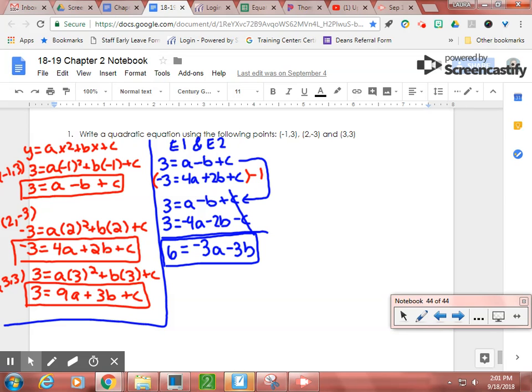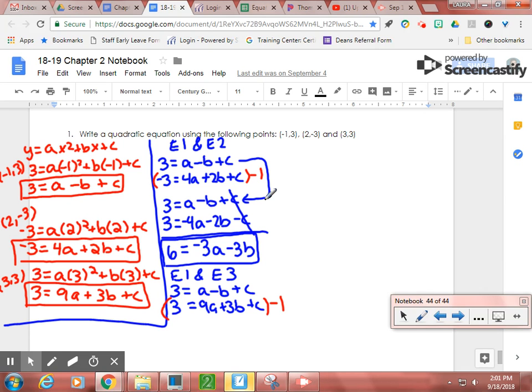So now we're going to do this again with equation 1 and equation 3. So equation 1 is still 3 equals a minus b plus c. Equation number 3 is 3 equals 9a plus 3b plus c. Same thing here, we're trying to get rid of our c's, so we're going to multiply that by -1.